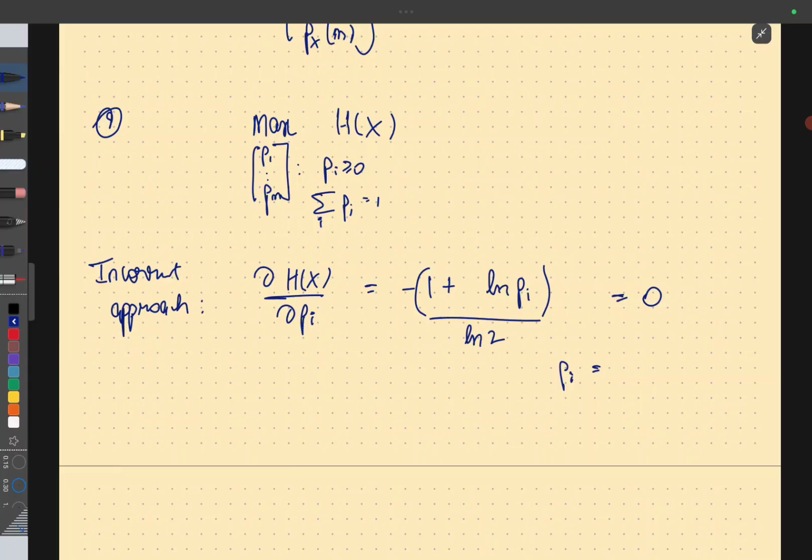If you try to do that, you'll see that the maximum of the entropy will in fact be equal to the log of the cardinality of x, and this is exactly equal to the entropy of the uniform distribution. So the entropy is maximized when the distribution is uniform.